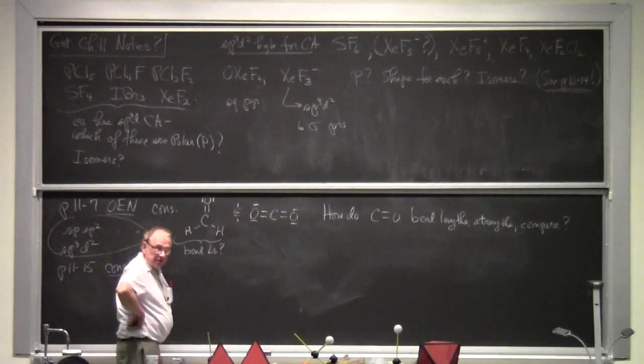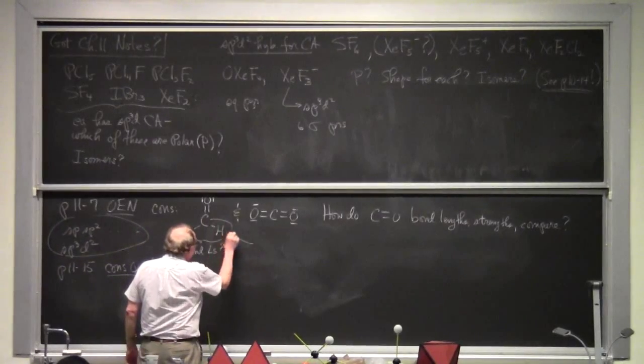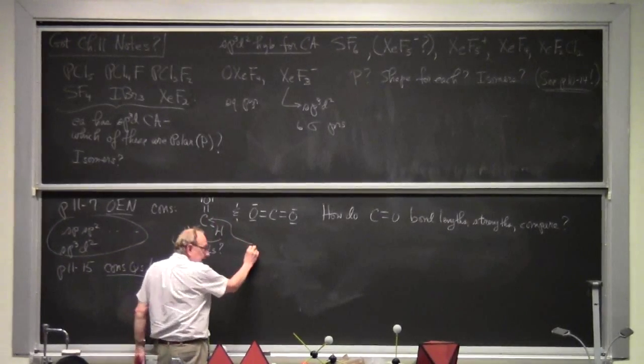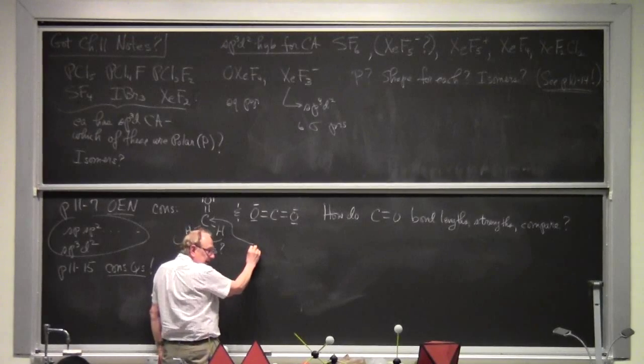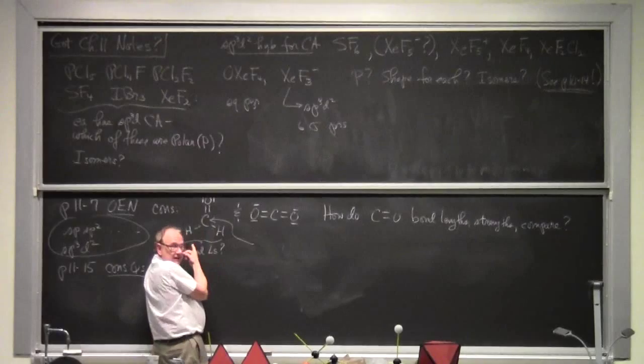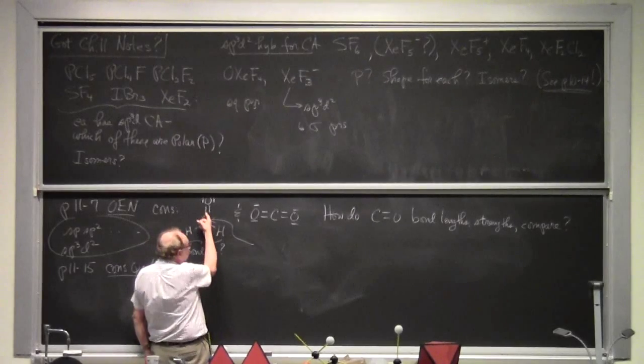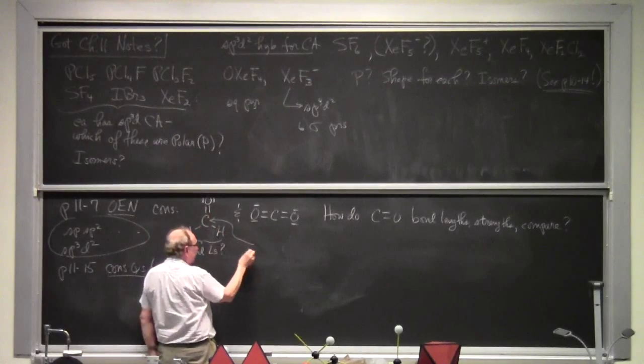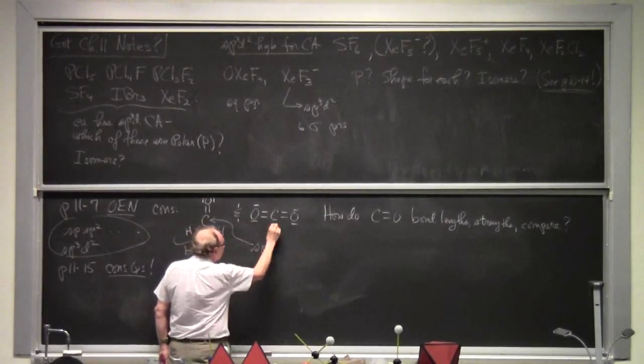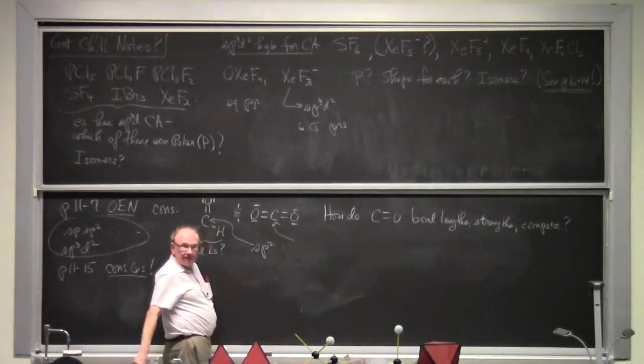You see the Lewis structures? Tell me how this is hybridized, and I'll write it down. Tell me. How many sigma pairs? 1, 2, 3. The other one's pi. Tell me how this atom is hybridized.